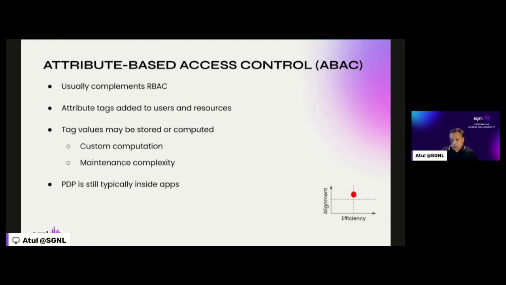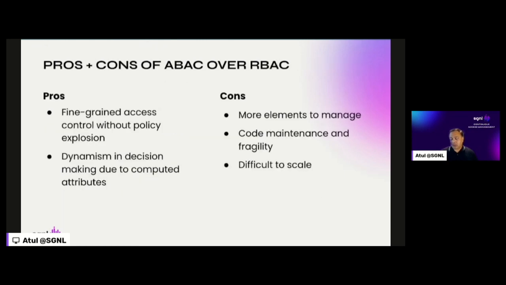Because what happens is that, let's say you have to define a role for every type of file, you're going to have a policy explosion, right? So instead here, with attribute-based access control, you don't get that policy explosion, because you can define these attributes regardless of the resource or the user group. So what this means is that, let's say you have 1,000 files, right? You don't have to define a role or group for each one of those files.